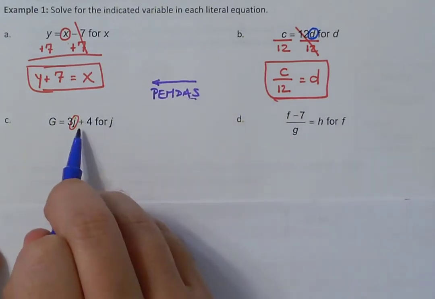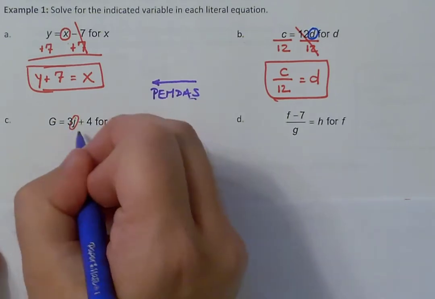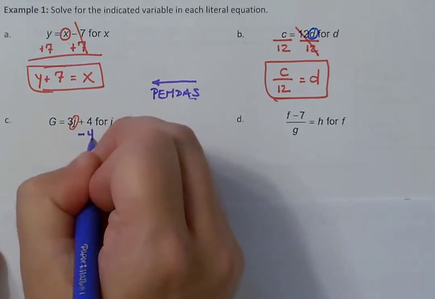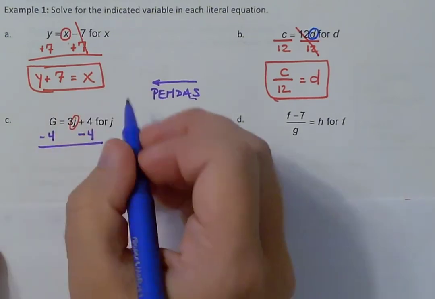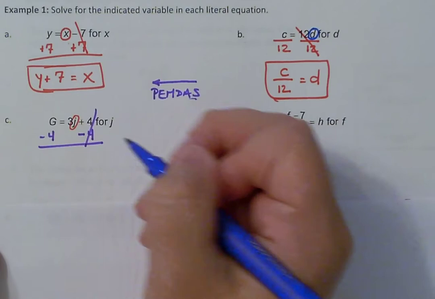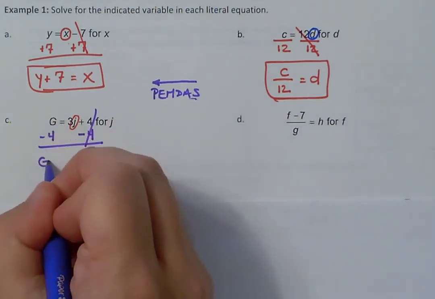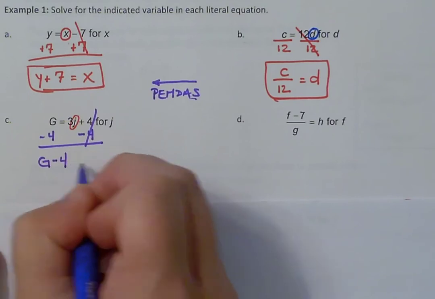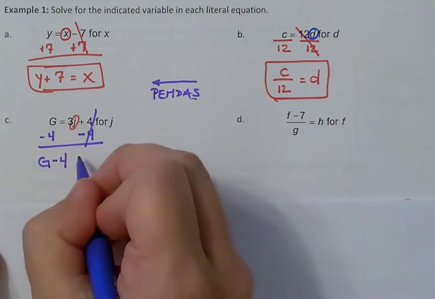Because this is a plus 4, the inverse operation, the opposite, is to minus 4. When I do that, the 4s cancel on the right. On the left, we're going to end up with g minus 4. I cannot combine these because they're not like terms.